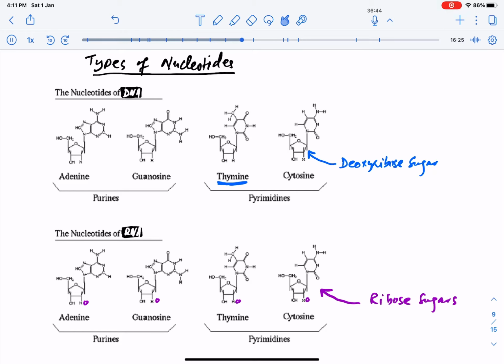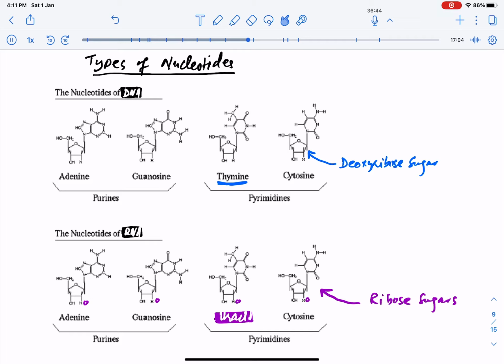The other difference between an RNA nucleotide and the DNA nucleotide is that the RNA nucleotides will have uracil instead of thymine. Okay, so this is uracil instead of thymine.